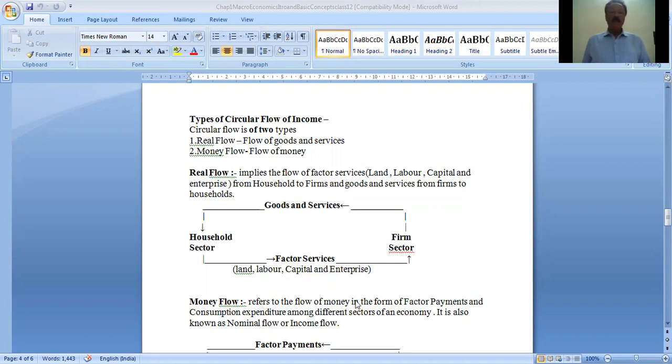It refers to the flow of money in the form of factor payments and consumption expenditure among the different sectors of an economy.